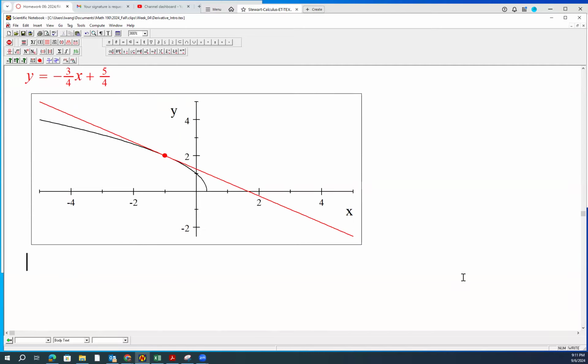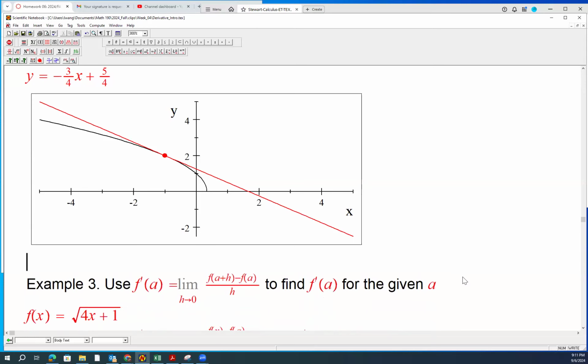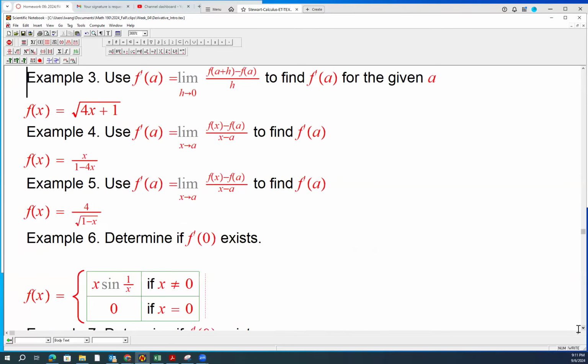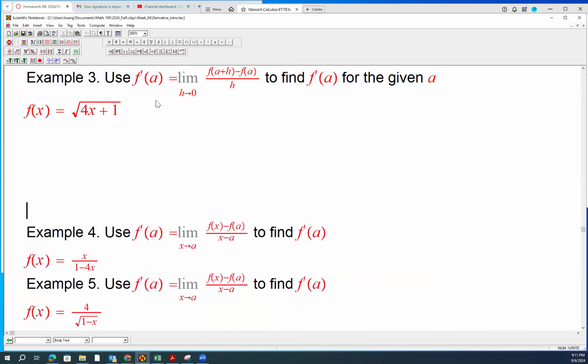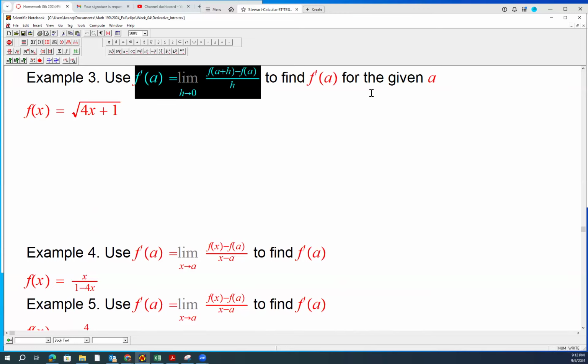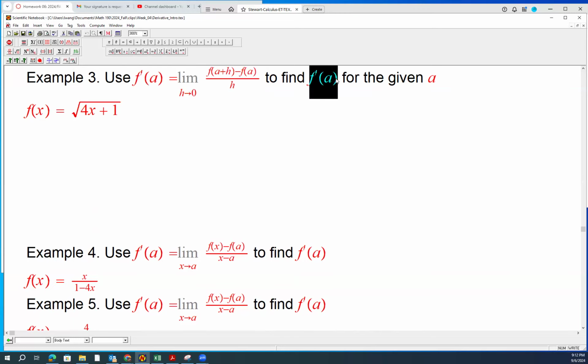Okay, let's see, we have some more examples. This one is asking us to, I took these just to show you, and I want you guys to practice with me. We're going to use this formula to find the derivative of f at a. This time we're not given any specific point. So what do we do?